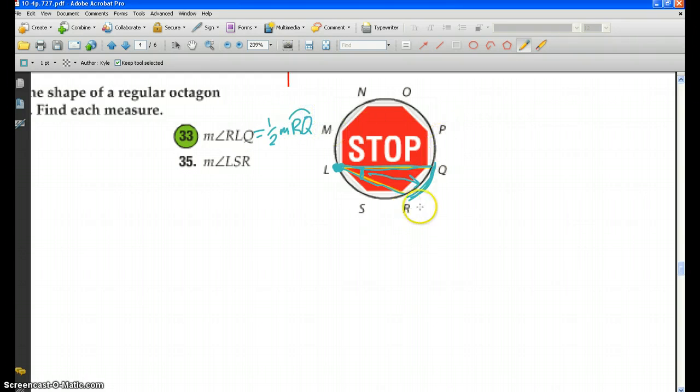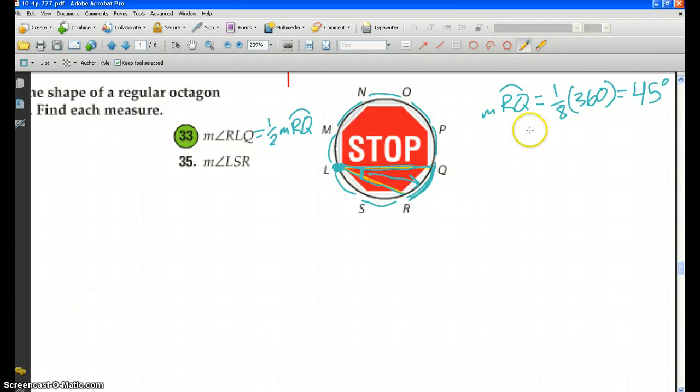So what is RQ equal to? Well, each of these arcs are the same. So 1, 2, 3, 4, 5, 6, 7, 8. There are 8 of them. So this would be an eighth of the entire circle, which is 360 degrees. So the measure of RQ is equal to an eighth of 360, or 360 divided by 8, which gives me 45.